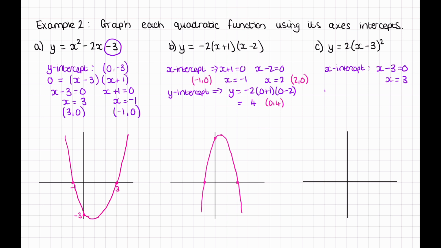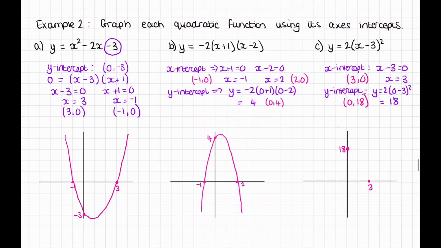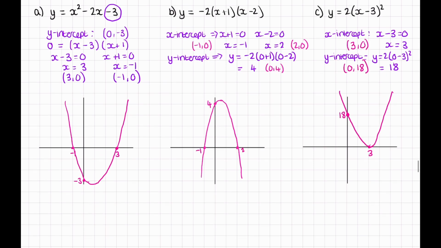For the y-intercept, make x equals 0, so we have y equals 2, bracket 0 minus 3 all squared, which gives us an answer of 18. So our x-intercept is at 3, 0, and our y-intercept is at 0, 18. Just plot those two points, and we know it can only touch the x-axis once, and that's at 3. So we just draw it, touching the x-axis at 3 and going through the y-intercept at 18. And that is the end of this video.